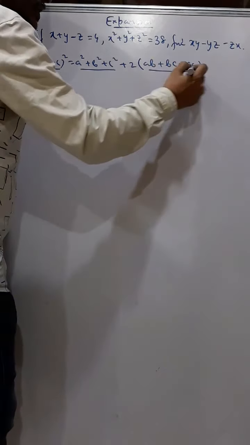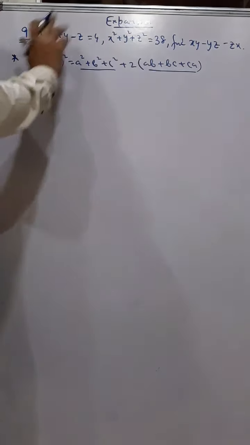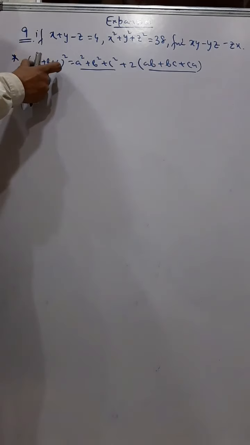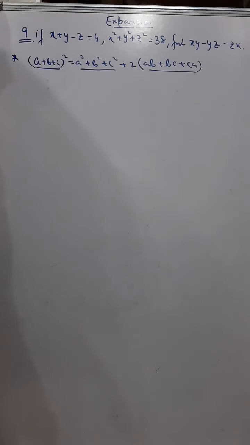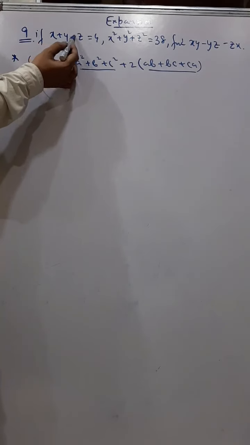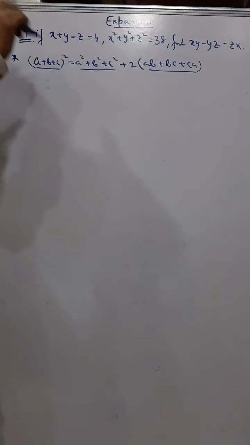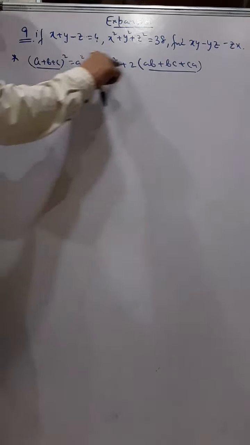In this type of sum, you will always find that out of these 3 parts, they will give you the value of any 2 parts. So naturally, when you put the values of any 2 parts, the third part you will get. But sometimes they may give you minus here, sometimes x minus y minus z, sometimes all plus. But you have to understand, as I have told you before maybe, everything comes under this formula.